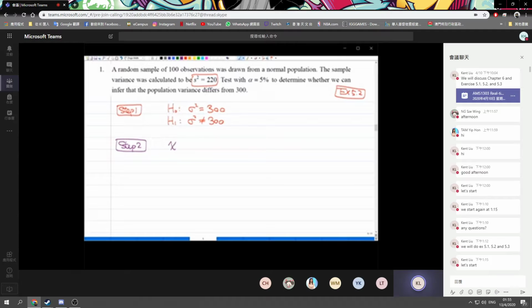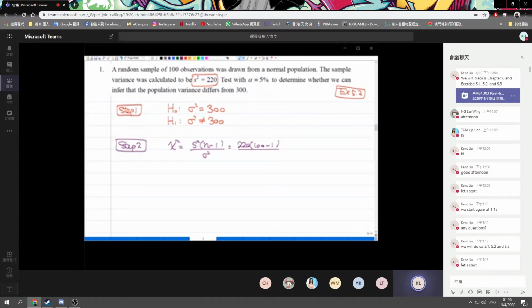Now in step 2, you have chi-square. There is only one formula to go. Then you fill in the values accordingly. So here, what do we put for the population variance? You may say, just now I said there will be no population variance provided, but now I need a population variance.